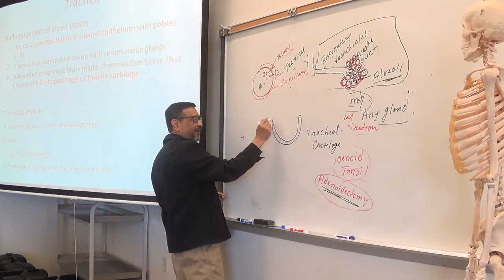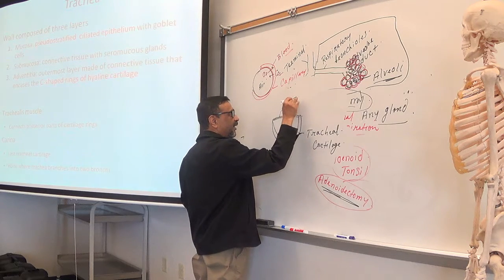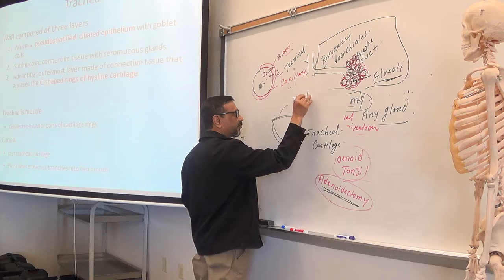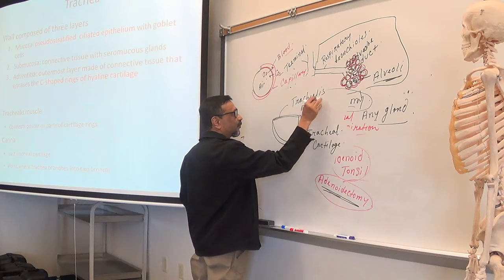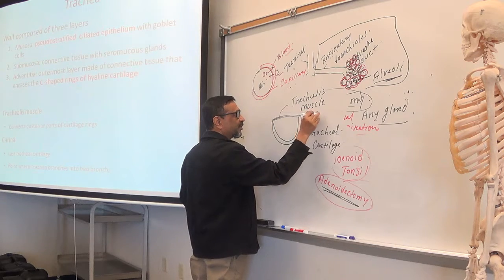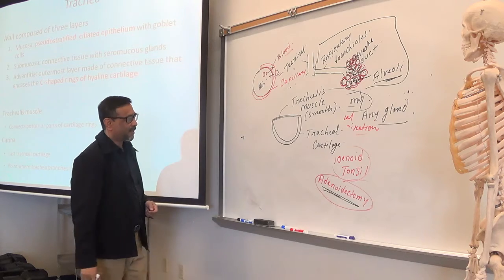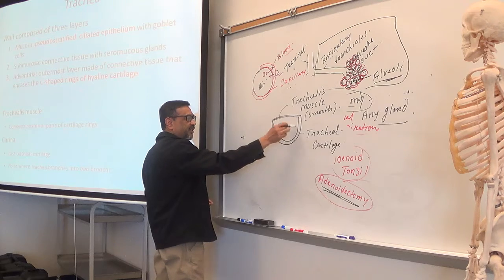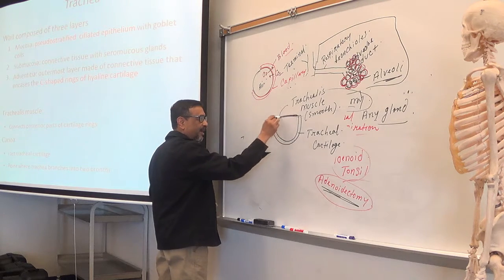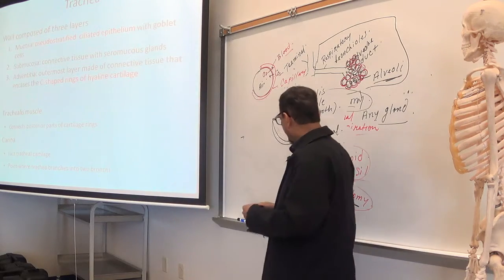And in the back of the trachea, you have a smooth muscle called trachealis muscle. Which is smooth muscle. Okay? So, C-shaped cartilage and smooth muscle in the back. That is how the trachea is.